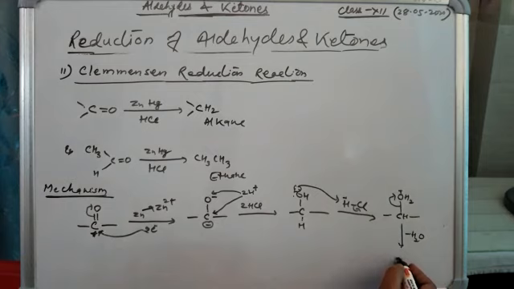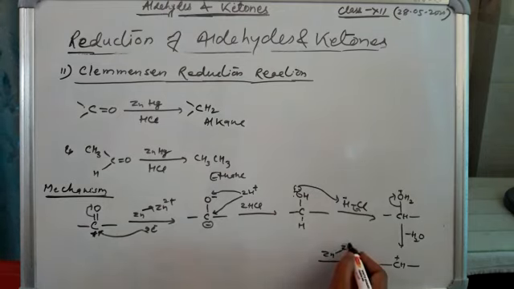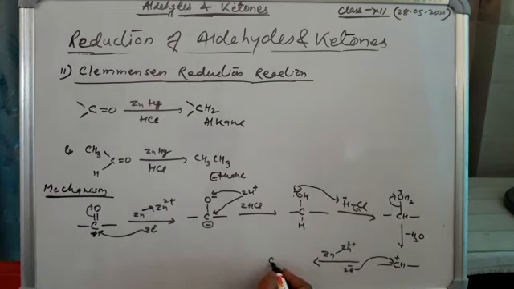So a positive charge is created on the carbon. Again zinc loses 2 electrons, and these 2 electrons are taken by carbon. What happens?